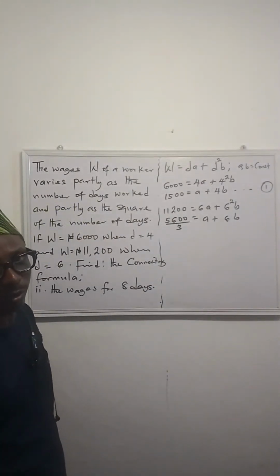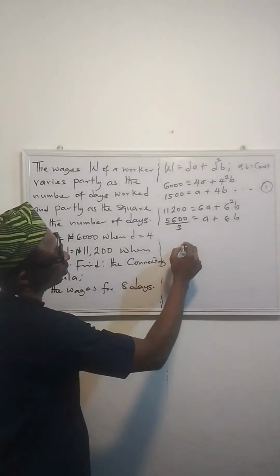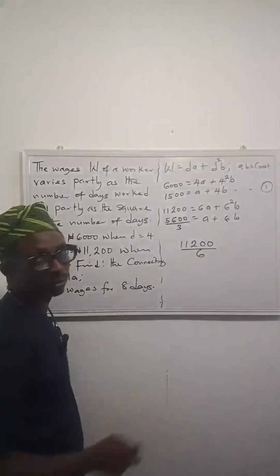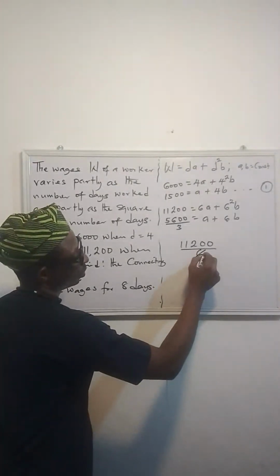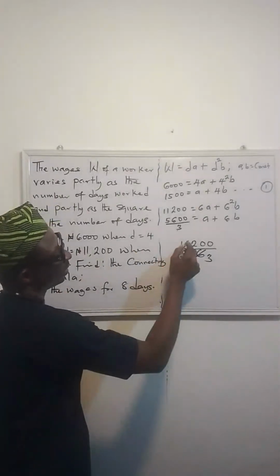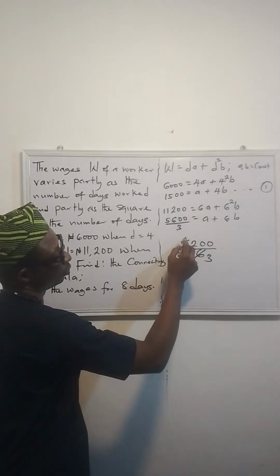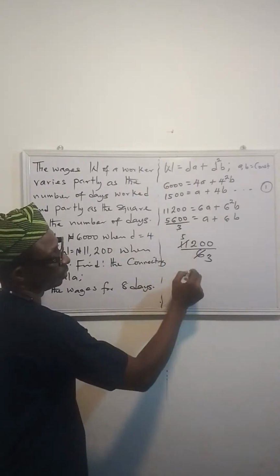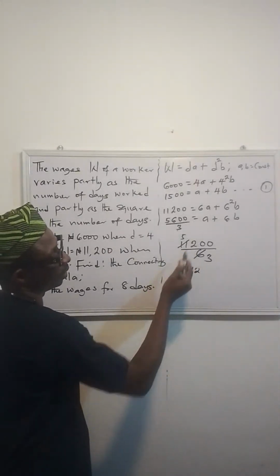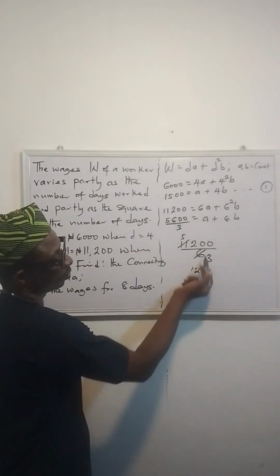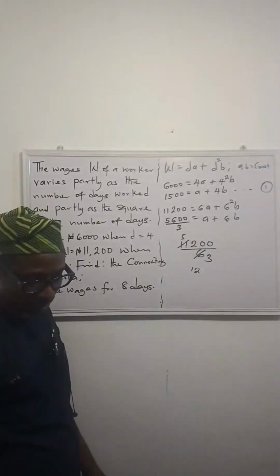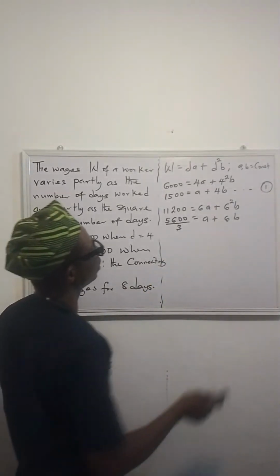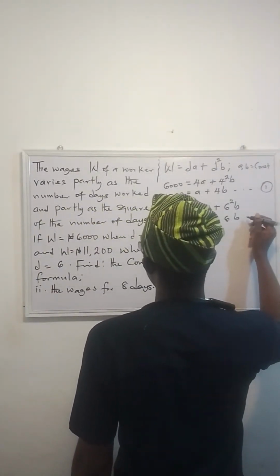So 11200 over 6, divided by 2, becomes 5600 over 3. I hope we all get that. So this is going to be the second equation.